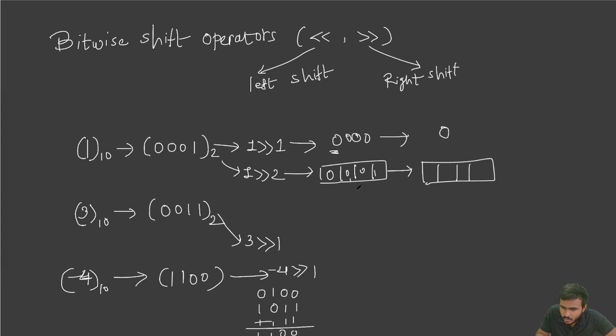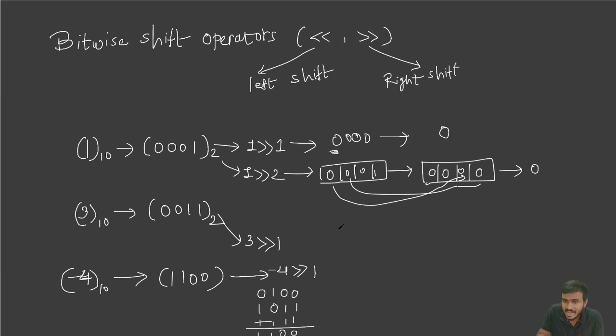Then this 0 will come over here at the extreme right place, and this 0 will come over here. Now 2 places on the left side are vacant, so we fill them with 0 0. So the answer is again 0.